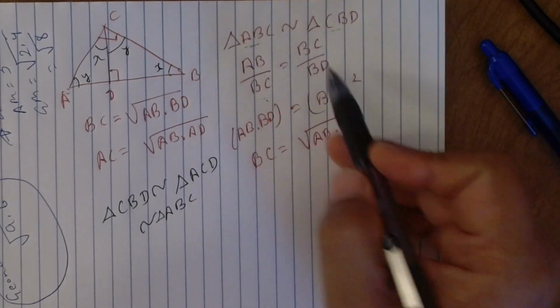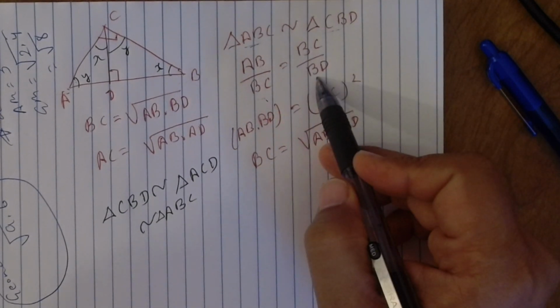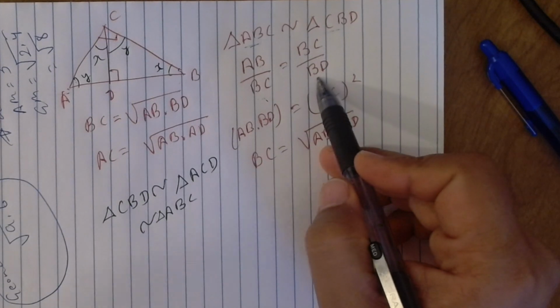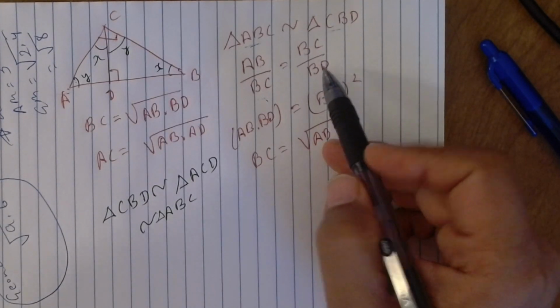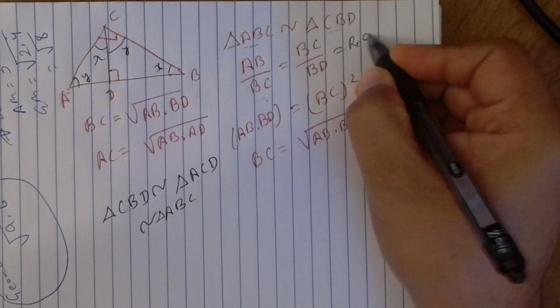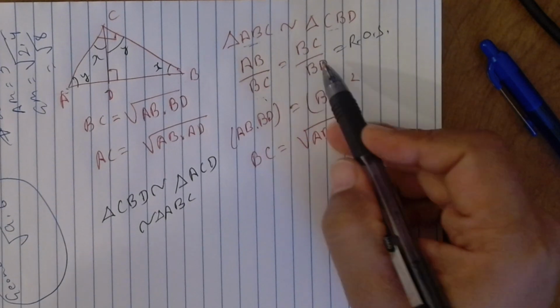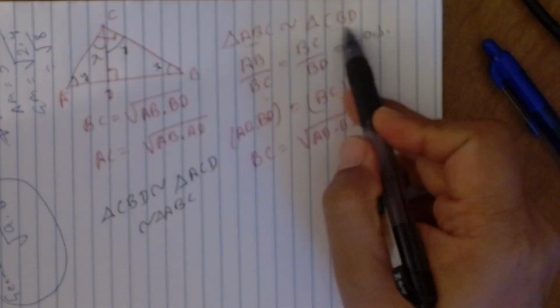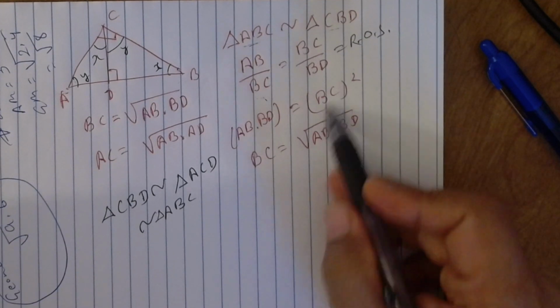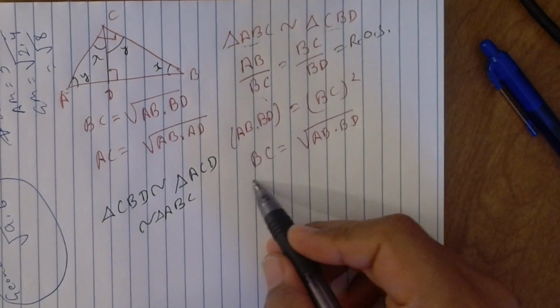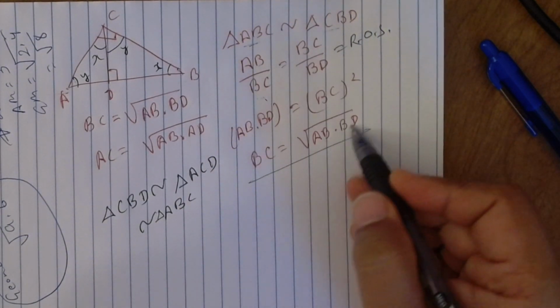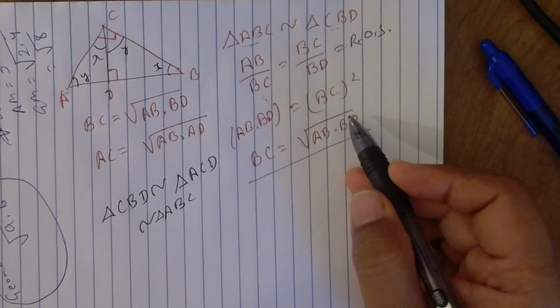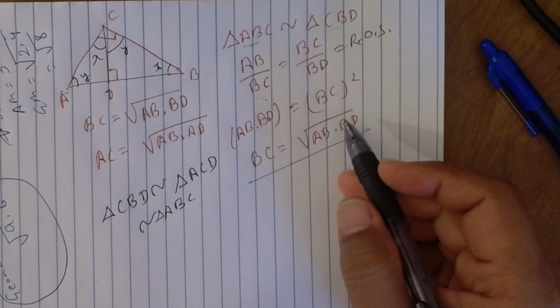Will be equal to BC to BD. Correct, because they are both ratio of similitude. And we know in a similar triangle, ratio of similitude is equal. So AB to BC will be equal to BC to BD, and then you cross multiply, BC square, and that's how you got that BC is square root of AB into BD. Okay, that's the theorem.